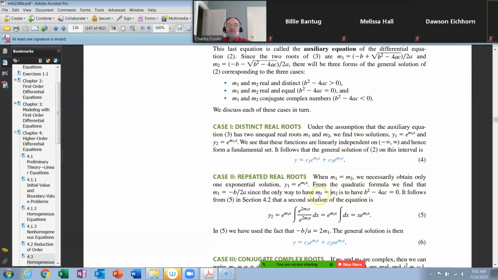Now, remember we did that section 4.2 last time. It was very short, but we went over the way to come up with a solution given one solution when you can't see how to get the second one. You go through that rigmarole that we did, and what they called it was reduction of order. Okay, and it was a mess.